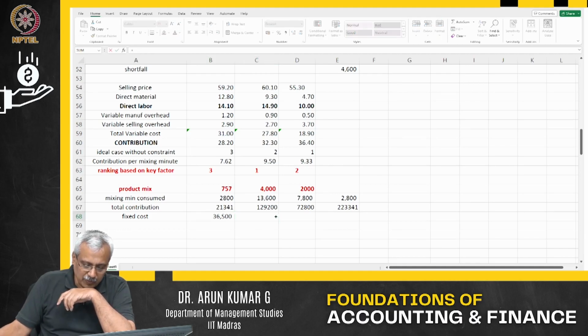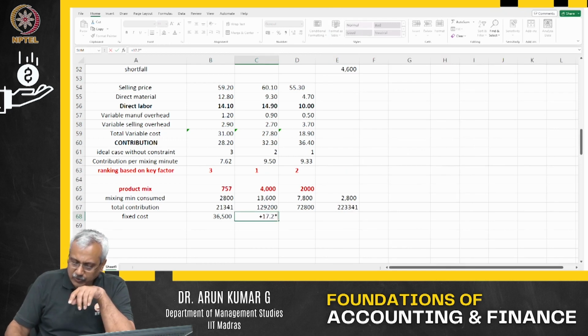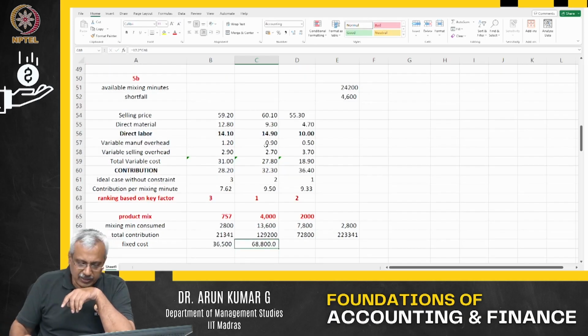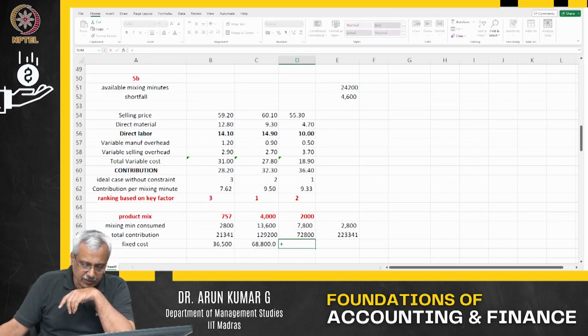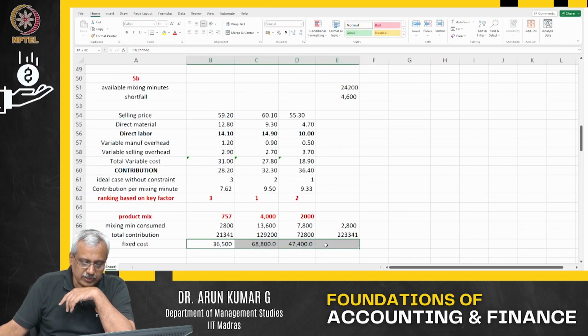Whereas for B, it is about 17.2, so 17.2 into the number of units, and for C it is going to be 23.7 into the number of units, 2000, and this is going to be the total fixed cost in this particular case.